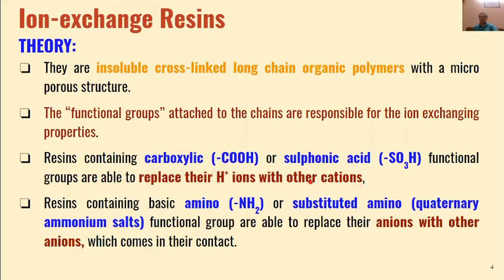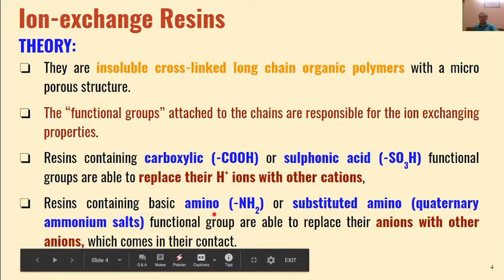That means if we have calcium and magnesium ions in the hard water, those calcium and magnesium ions will be replaced by H+ ions, and the calcium and magnesium ions will get attached to the carboxylic acid group or sulfonic acid group present on the ion exchange resin. So the calcium and magnesium ions will be shifted to the ion exchange resin, and H+ ions from the ion exchange resin will be released into the water.